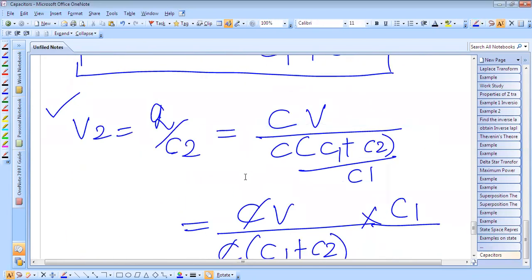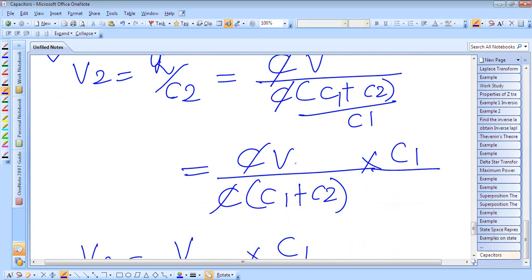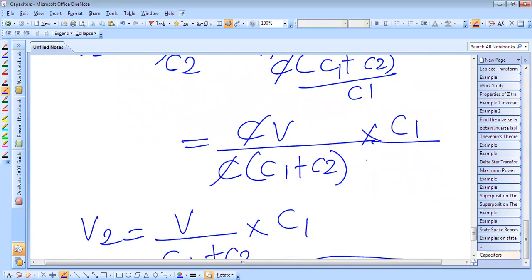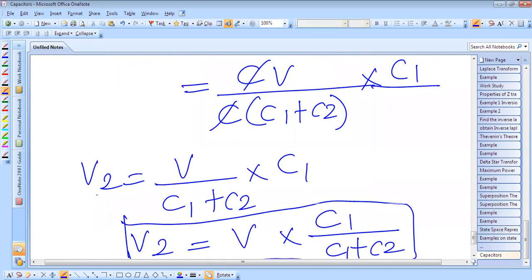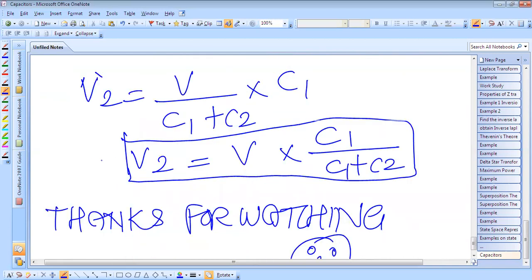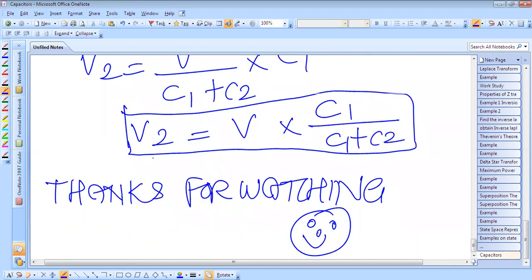Subsequently we can write CV divided by this. Here the C will get cancelled, and this will come on the numerator side, and this will be the voltage across capacitor C2. So in this way we can find the voltage across capacitors C1 and C2.